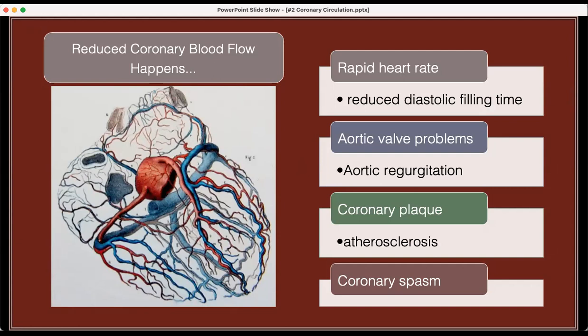And of course, coronary plaque. And then I also mentioned coronary spasm. That's not quite as common, but that can be a cause of a heart attack in a patient who's very young that doesn't have plaque formation.